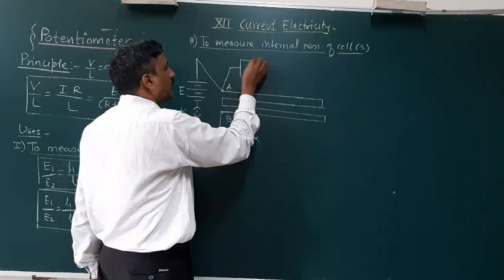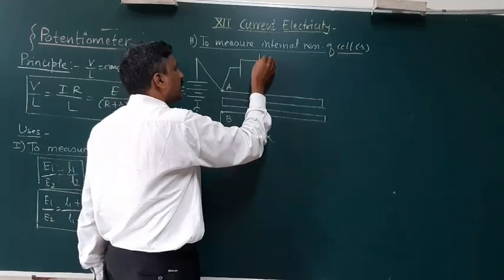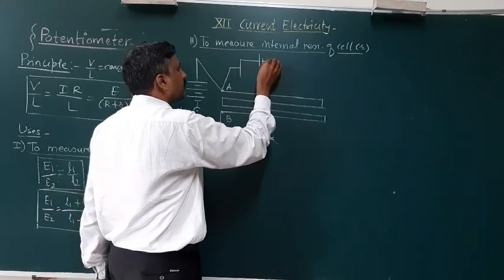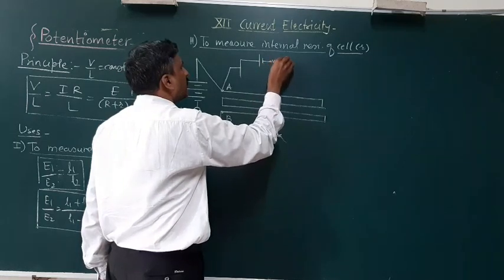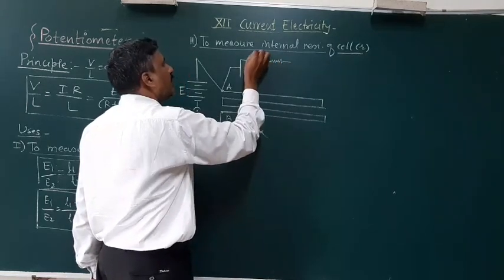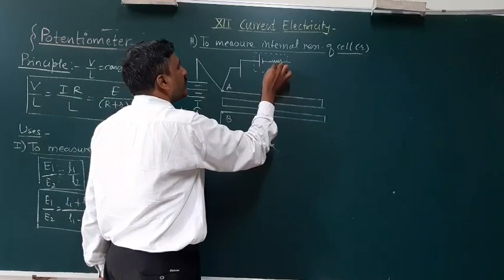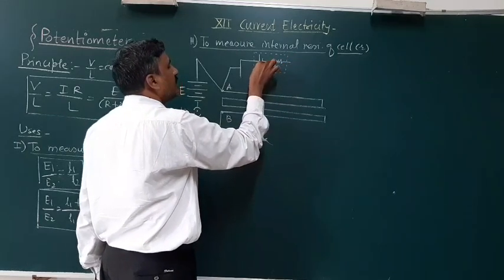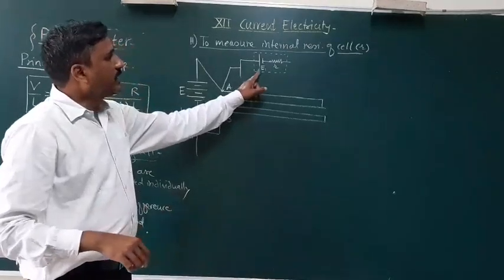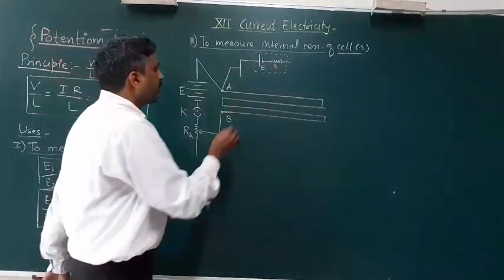Then the arrangement is shown in this way. This is the internal resistance and this is the EMF of the cell whose internal resistance is to be measured.